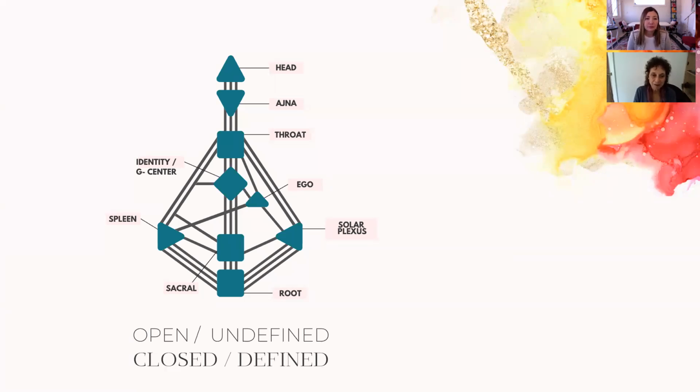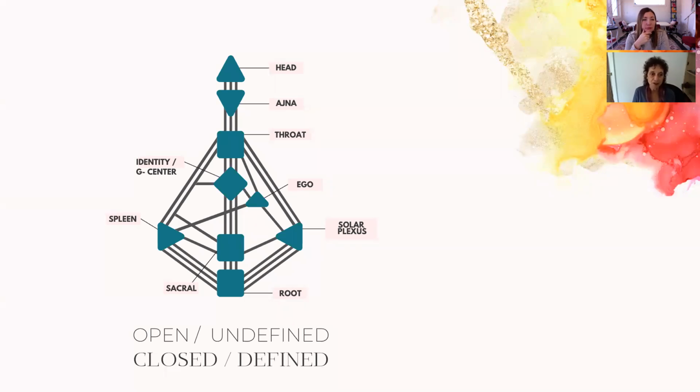Traditionally, when we talk about the chakra system or the energy centers, typically people look at 7 centers, and in Human Design, we look at 9 centers. Each of these energy centers, as you see, has a name. Sometimes the names are interchangeable. Let's just take the one on the far left.